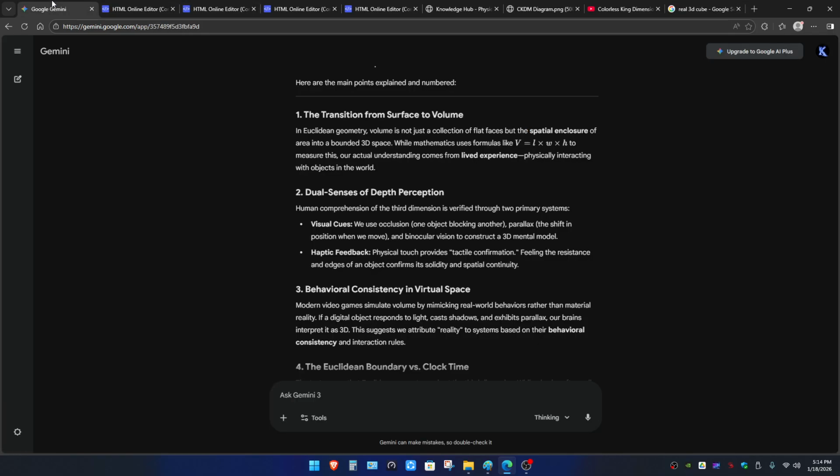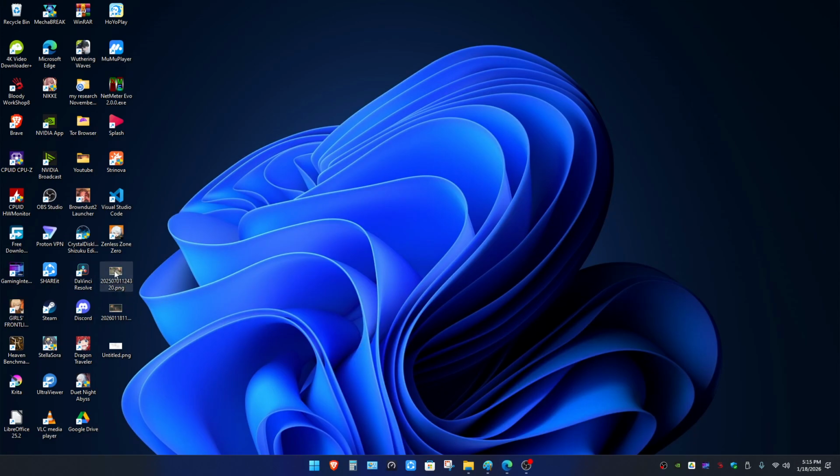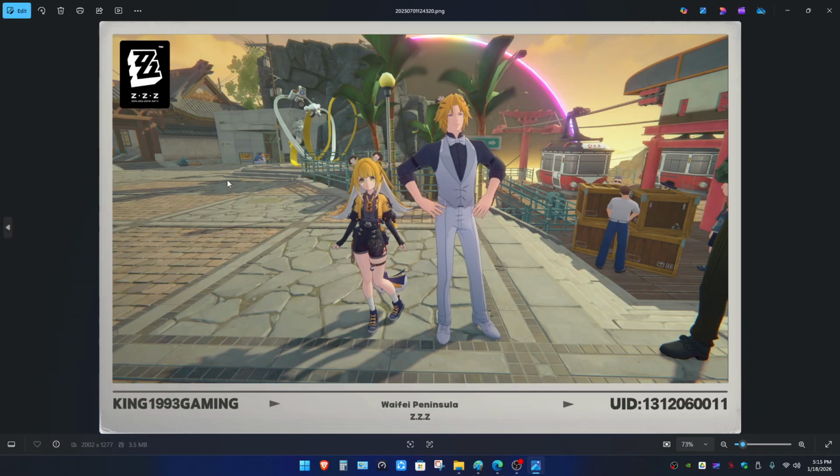There are visual cues. Visual cues are basically one object blocking another, parallax effect, color, binocular vision, and many other mental images. Let me give you an example. See this.